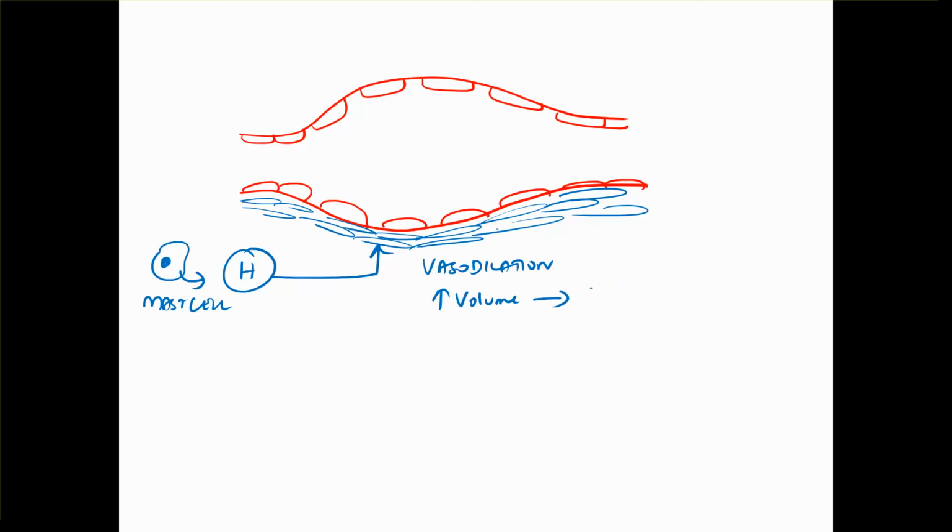This increased volume always causes an increase in pressure. Then automatically this causes increased vascular permeability, and more fluid enters.